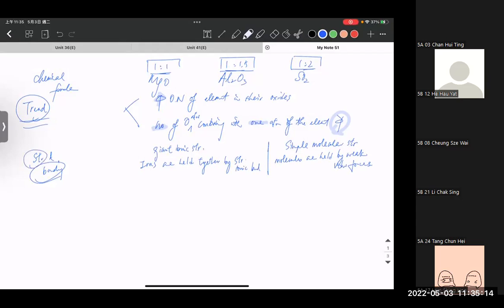3, action of water. So what happens about that? Three different statements about the action with water. First, MgO, if you add it to water, you get an alkaline solution.